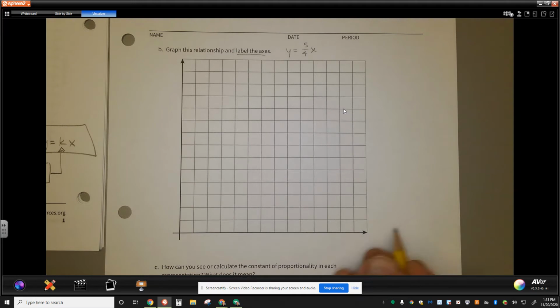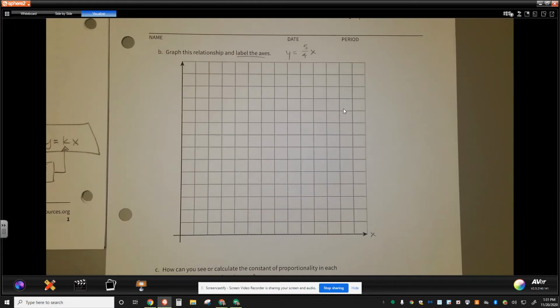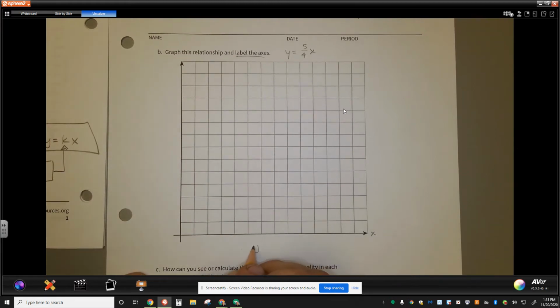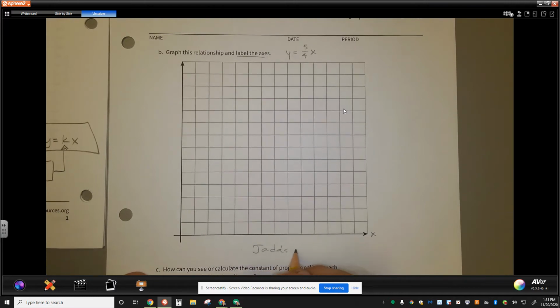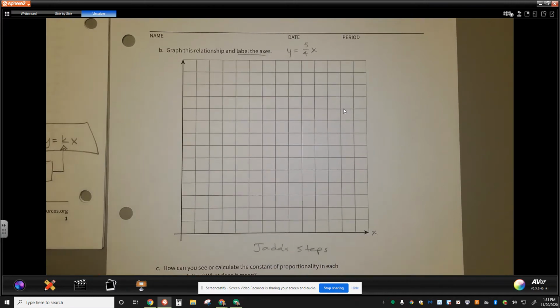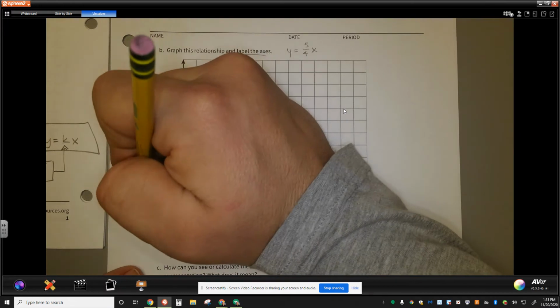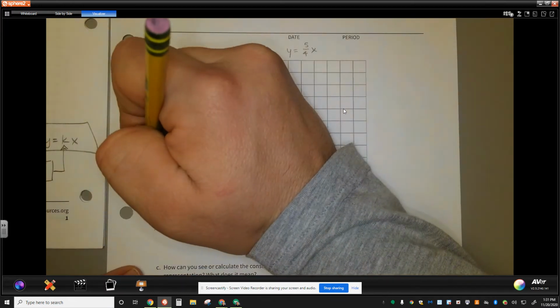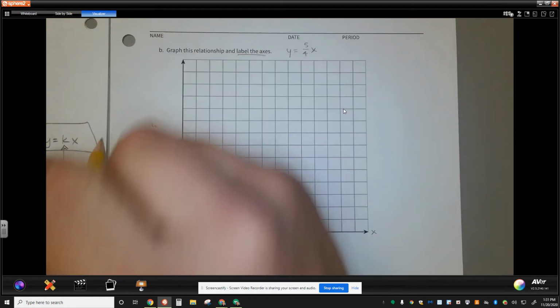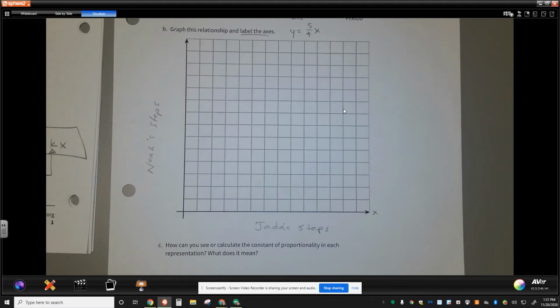We know that the x-axis right here was supposed to be the number of steps that Jada took. So we're just going to call that Jada's steps. And then over here on the other side, this would be Noah's steps.